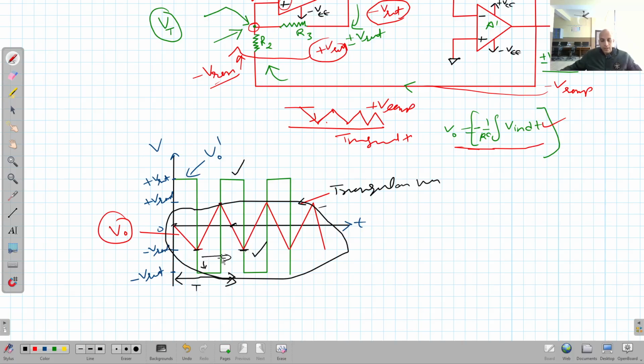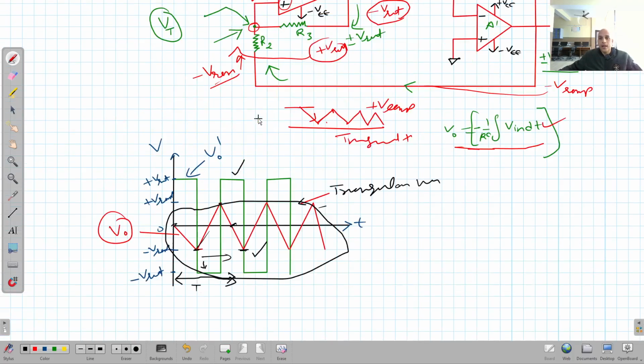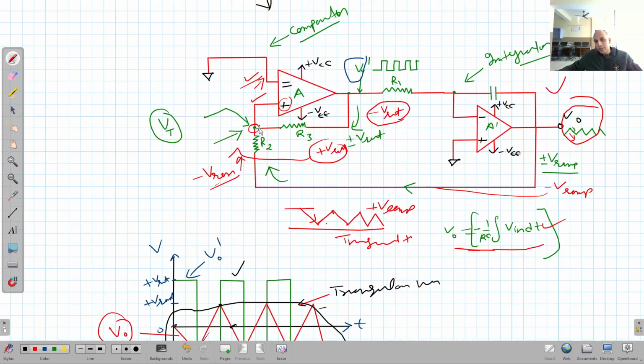Clear? So now I would like to find the peak to peak voltage as well as the frequency of these triangular waves generated here. In order to find the peak to peak voltage, I will use Kirchhoff's junction rule at this junction.